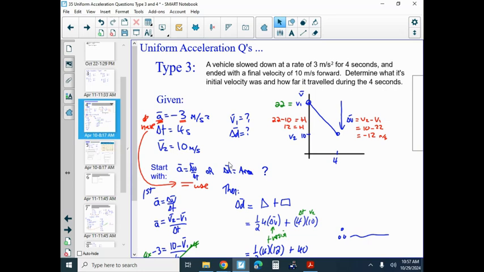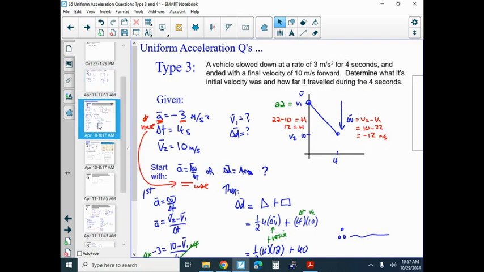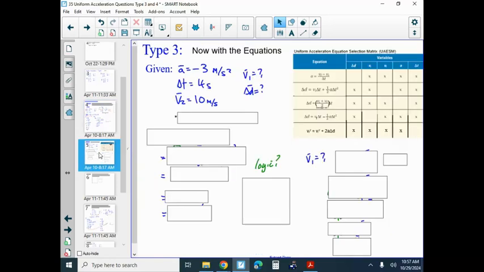My intention of the types is two things: to space this out so we have time to get really good understanding of all this, but also if you're trying to tackle a question, and it's obvious that it's a type 3, either because you know that if you're given acceleration, time, and V2, it's a type 3, or you look at a table like this that I have available for you, you can go and look at a type 3 example in the lesson and know that you're looking at the right stuff and trying to learn from it, rather than trying to mimic a wrong type of question, in which case it doesn't lead to good things, of course, right?